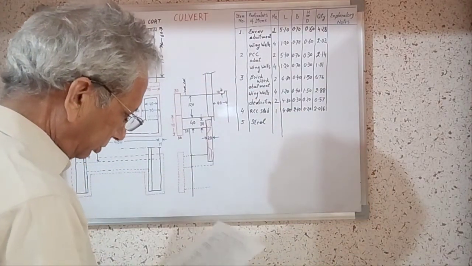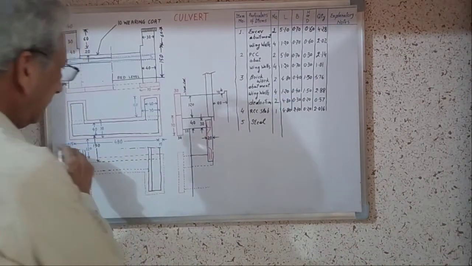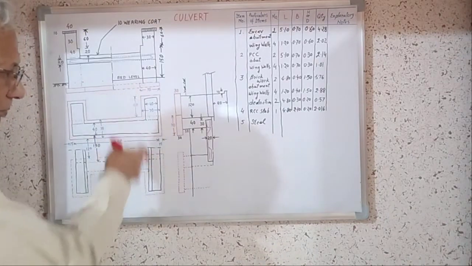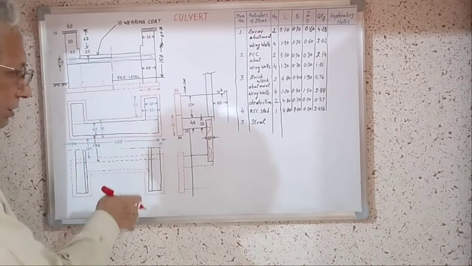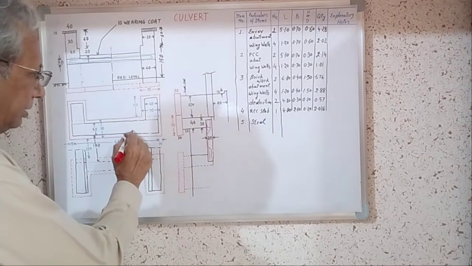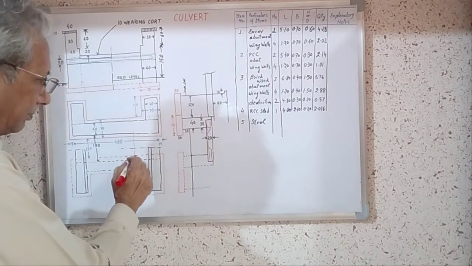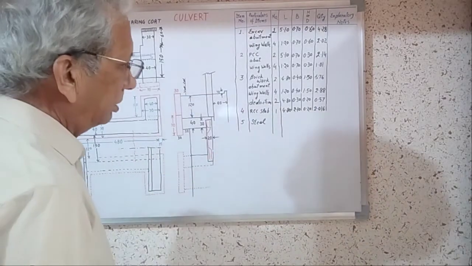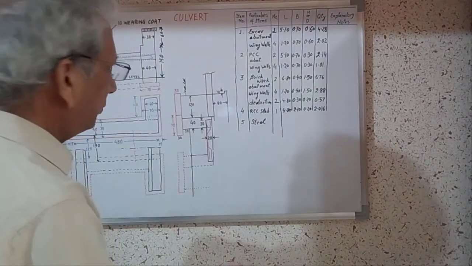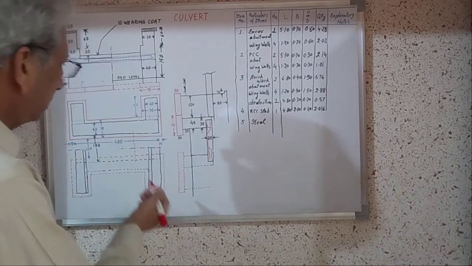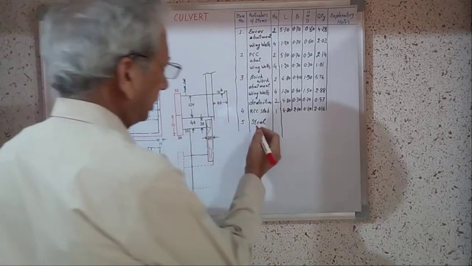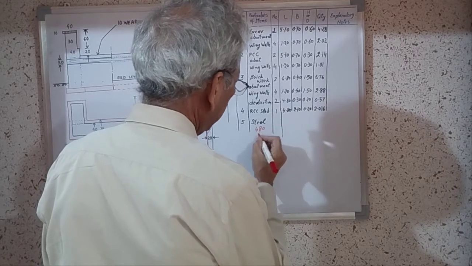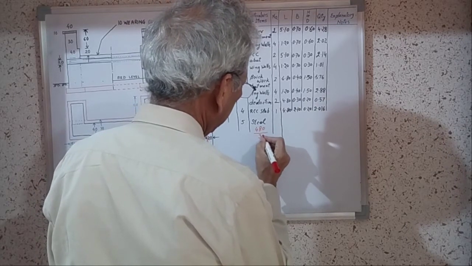Therefore, doing calculation, the total length is 480, in which this type of steel will be provided. Main steel will be provided in this way. First we will calculate number of bars, then we will calculate length of bar. First, number of bars, we will place the steel in 480 and spacing is 30 centimeter.